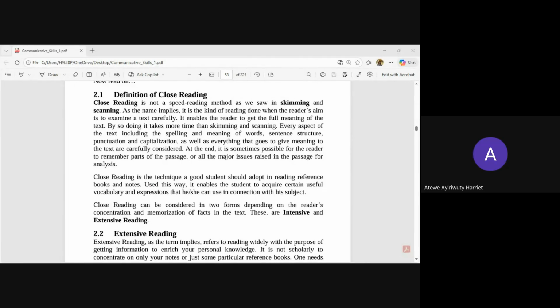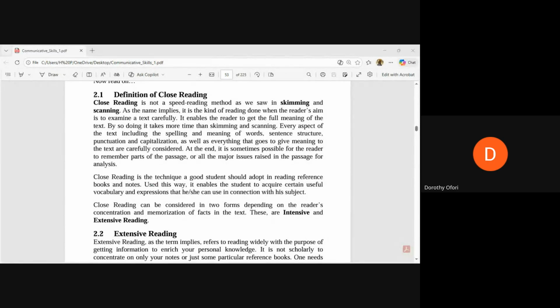Close reading is taking your time, reading slowly, to understand every word and meaning of the passage. Okay. Thank you all. Godwin, let's hear you. Close reading for me is reading with full attention and zero shortcuts. Okay. All right.